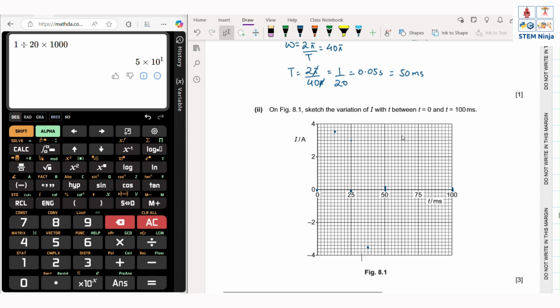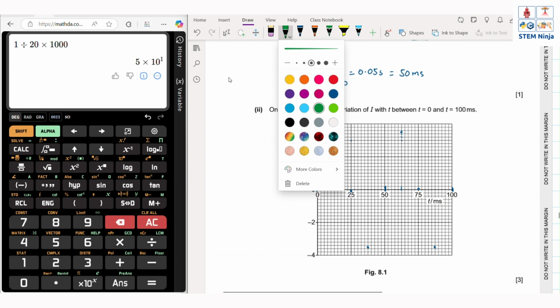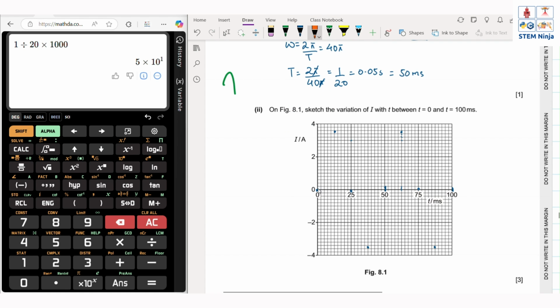The same cycle repeats, reaching 3.5, then 0, and back again to minus 3.5. So this is how we are going to draw that. So let's use this.